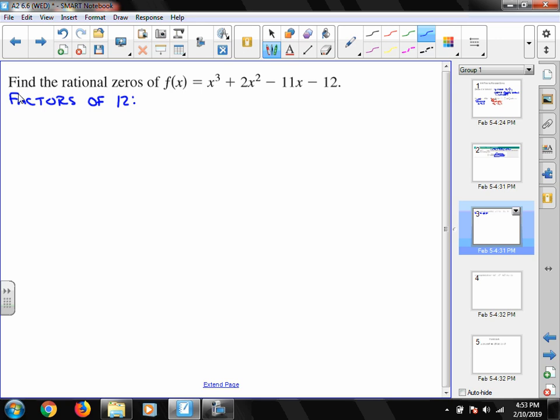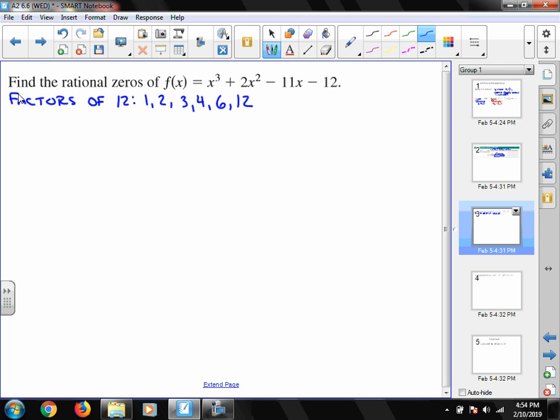Numbers that multiply to 12, or numbers that can divide 12. So, I'm going to go 1, 2, 3, 4, 6, and 12. You guys get very good at listing factors. I like to list them in order. That's just personal preference, just so it keeps me a little more organized.